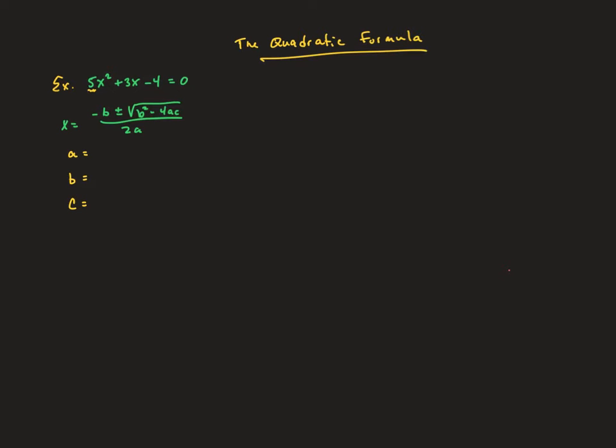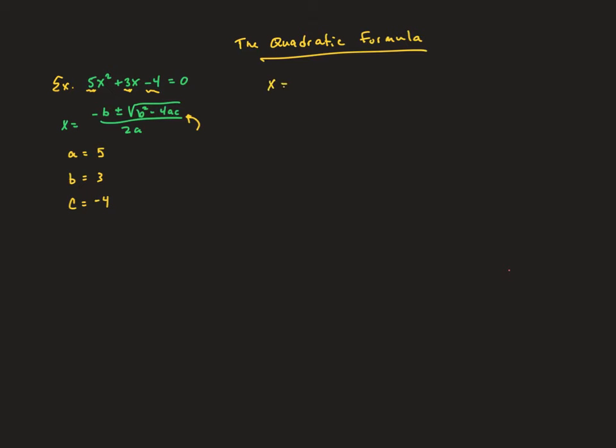So my coefficient a is 5. My coefficient of the x is 3, so b is 3. And then my constant is going to be negative 4. So those are the values that we're going to input back into the formula.